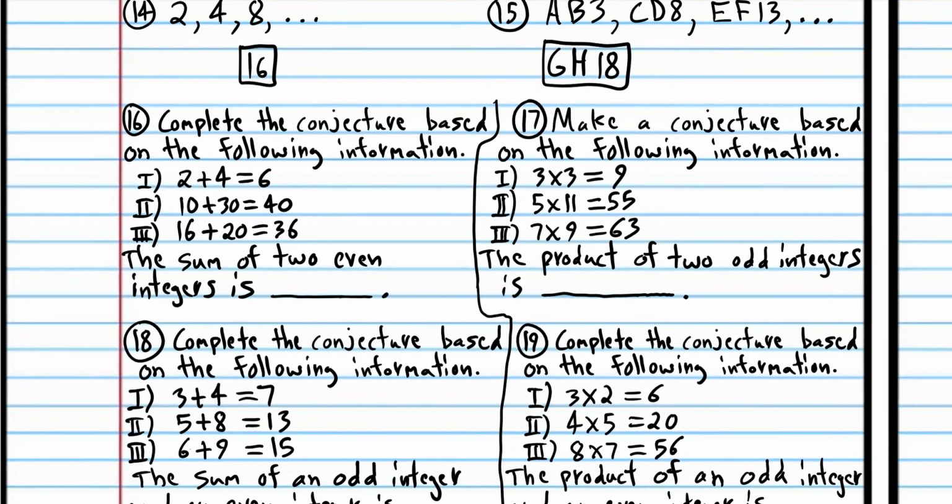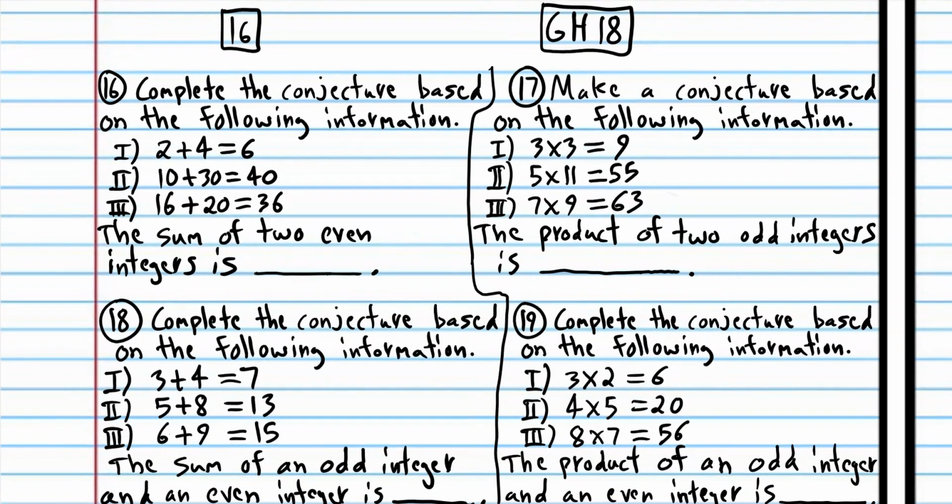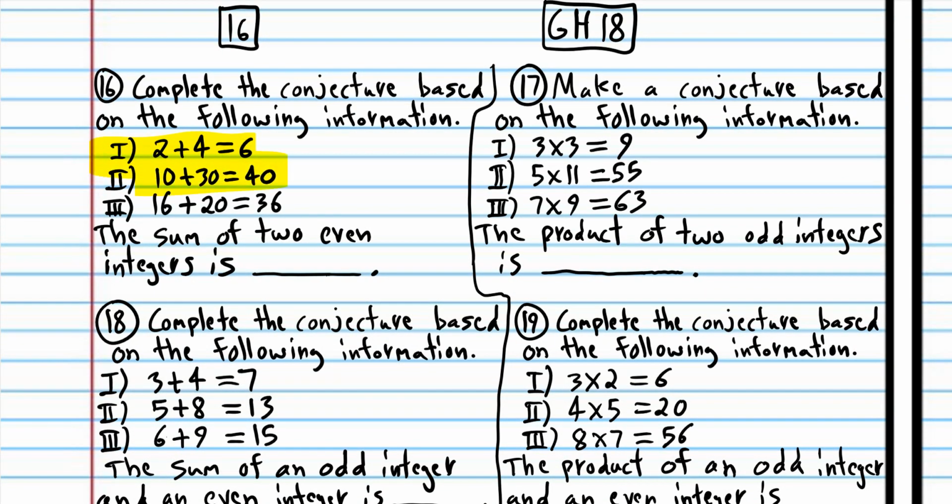All right. Complete the conjecture based on the following information. So we have some information here, and it wants you to complete this conjecture. So we have an empty space here. We need to figure out what this word is going to be. So we'll do these first two together. So you see this information here, and we have this clue here.